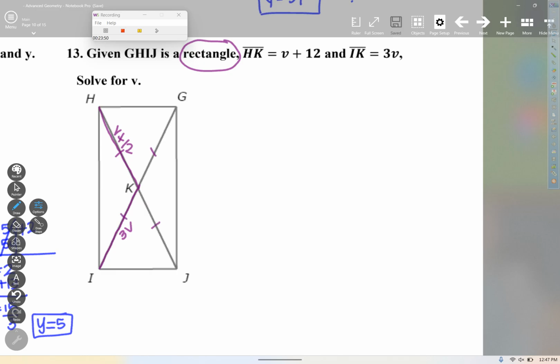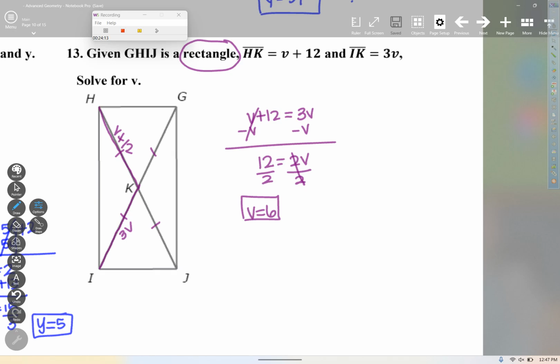So all these lengths have the same tick mark, which means that V plus 12 is equal to 3V. We would minus V over. We get 12 is equal to 2V. Divide by 2. V is 6. That's all there is to that one.